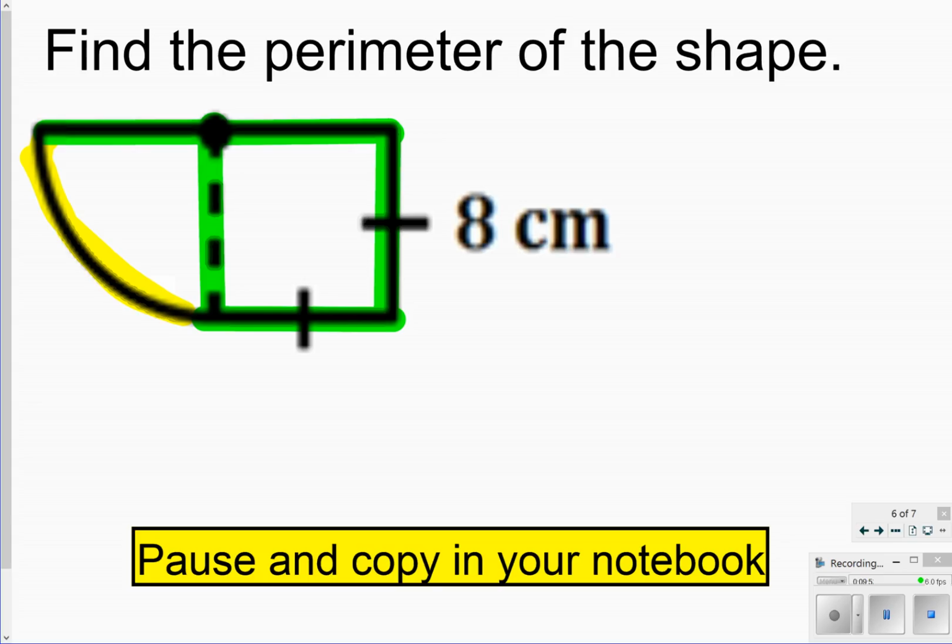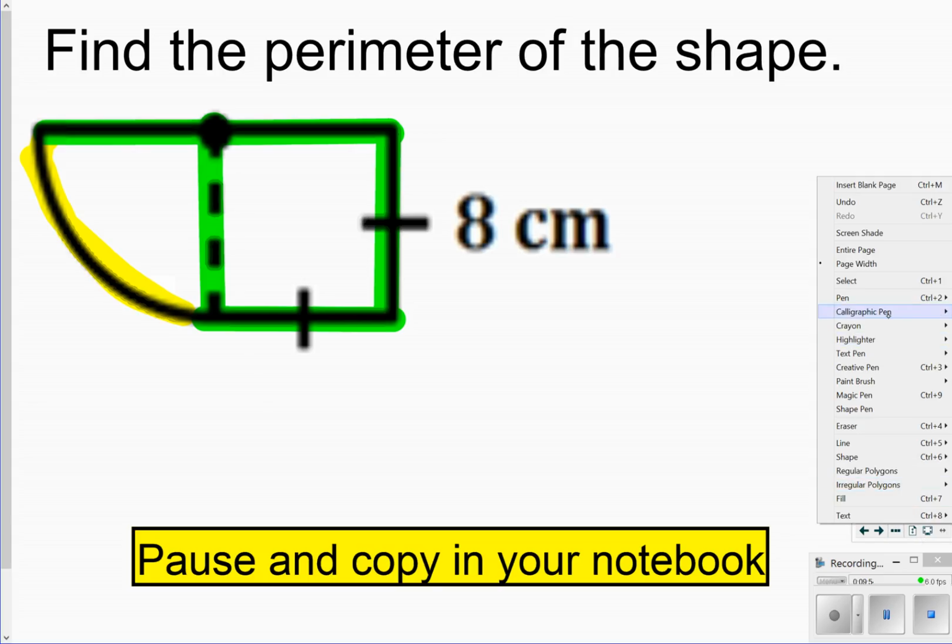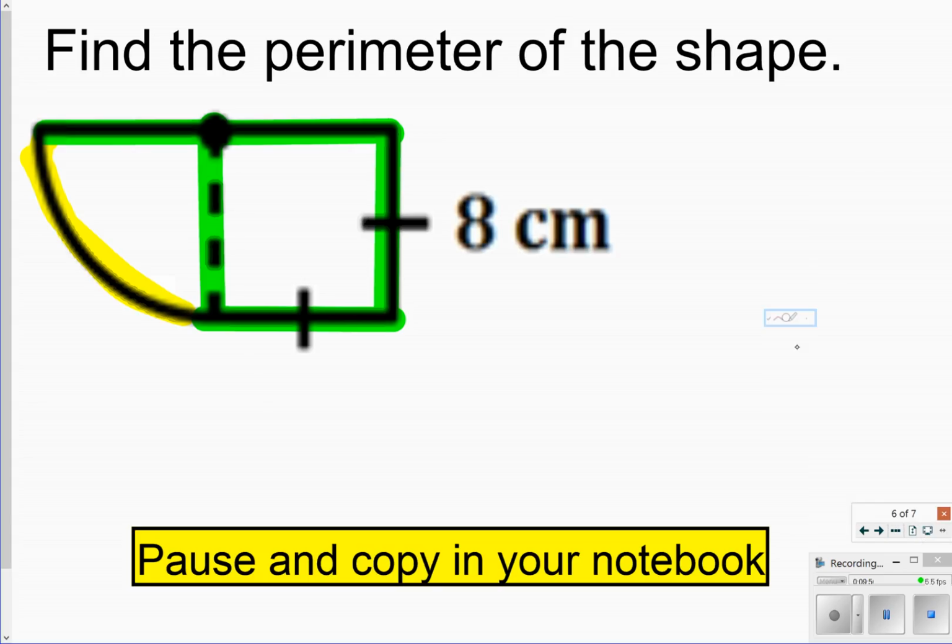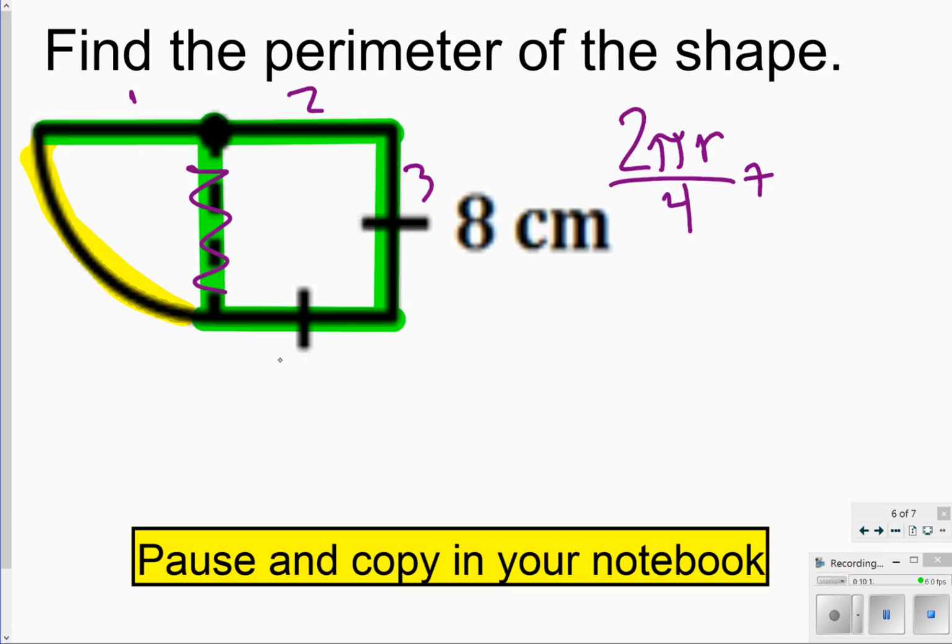So given this information, let's go ahead and start writing down what we can. So we have 2 pi r, and we're going to divide it by 4 again, plus, we're not going to worry about this part right here, but we have 1, 2, 3, 4 additional sections that we need to add.